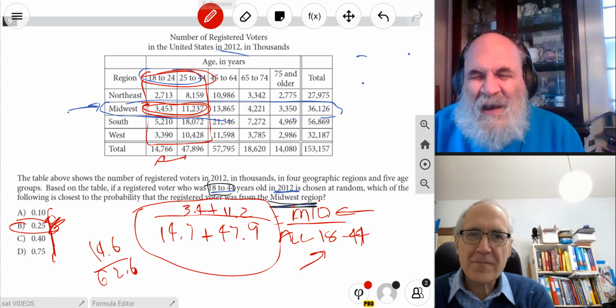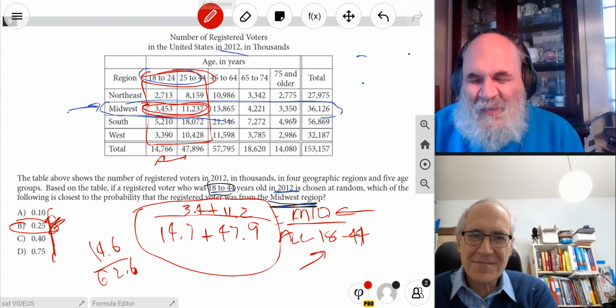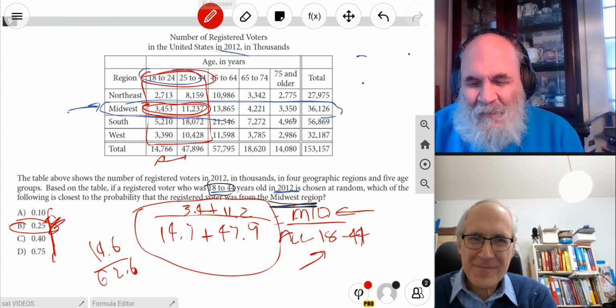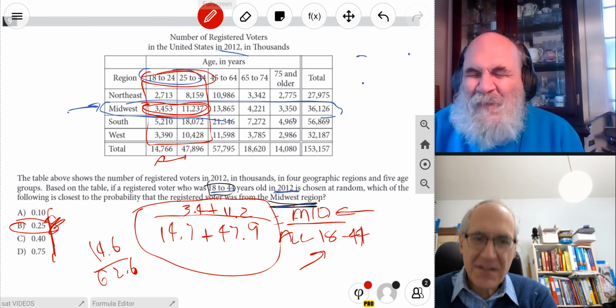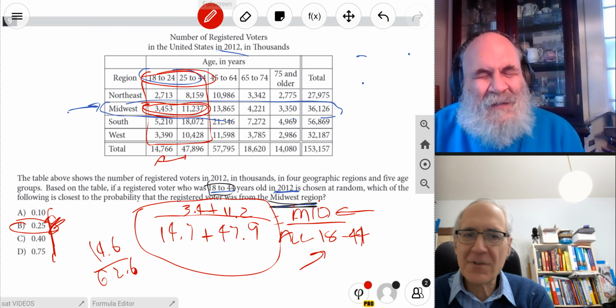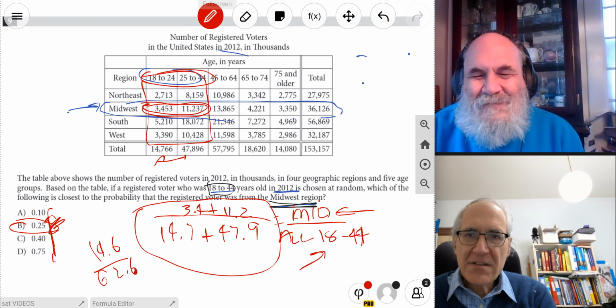But you don't have to know that this is called conditional probability to answer the question. Just follow your nose and look at what it's asking for. Total common sense will give you the answer.